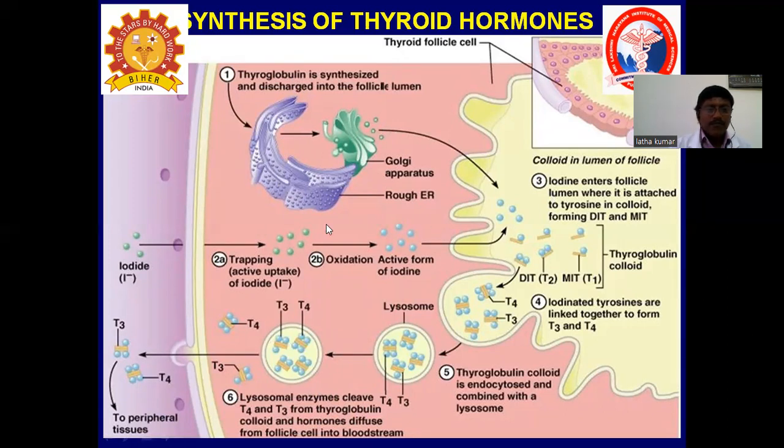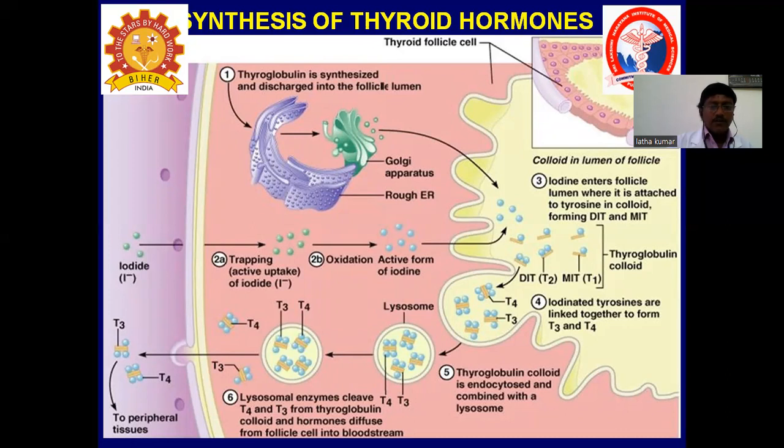And from the bloodstream, food containing iodide enters the stomach and is absorbed into the blood. That blood goes into the heart, passes through the systemic circulation, through which the blood will supply the thyroid gland also.